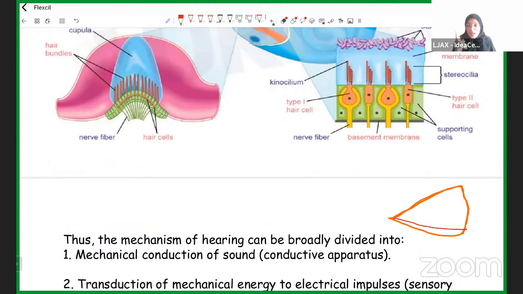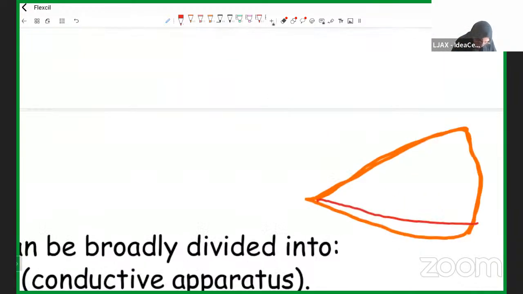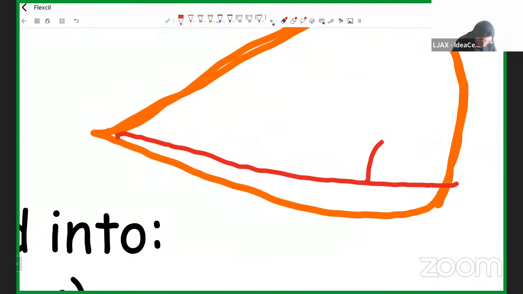We have 2 types of hair cells. One is outer hair cell and one is inner hair cell. So let's draw that. So these are outer hair cells. 1, 2, 3.